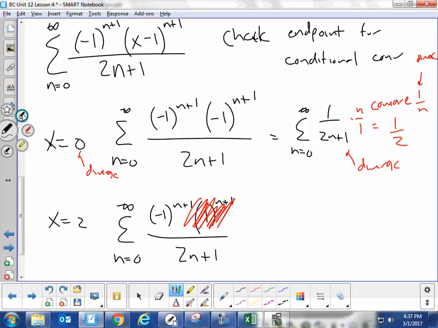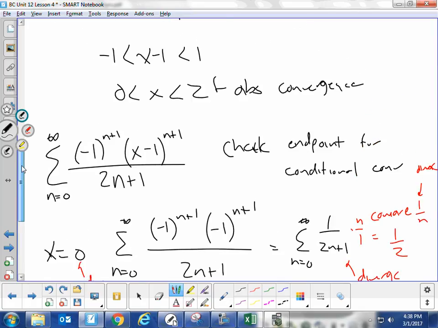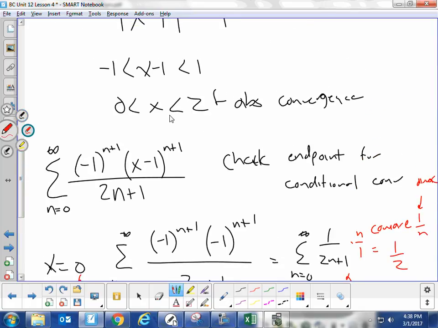All of a sudden, I have an alternating series that's decreasing in terms that is going to converge. So we will converge at 2, and this would be our answer for our interval of overall convergence.